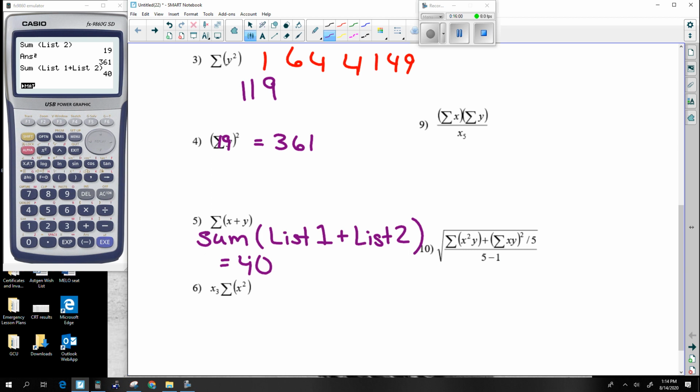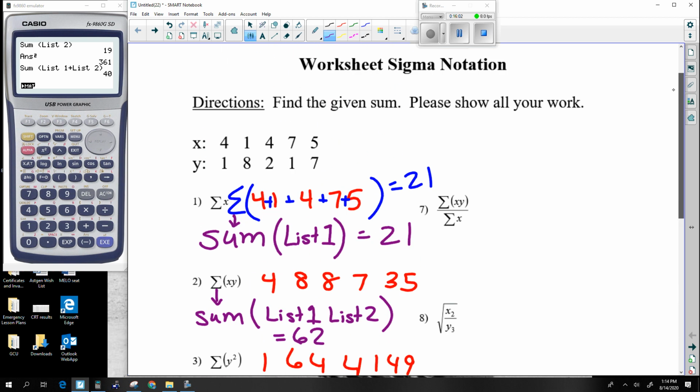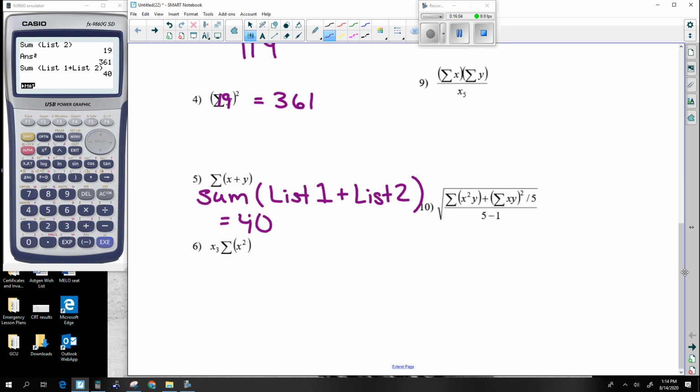Okay, x sub 3, that is the third number of x. The third number of x was literally the number 4. And then I have the sum of x squared. So that's x sub 3 times the sum of x squared.